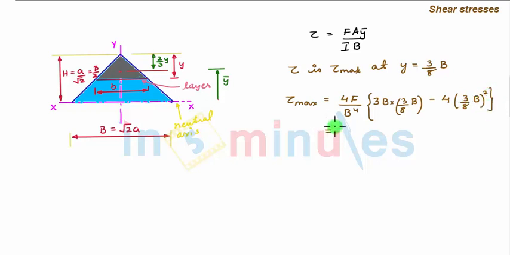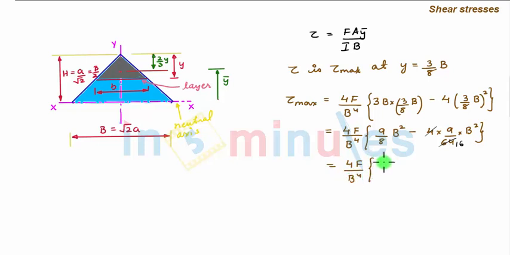Upon simplification, we have 4f upon b to the power 4 multiplied by 9 by 8 of b square minus, we have 4 multiplied by 3 square is 9 upon 8 square is 64 into b square. So 4 and 64 get cancelled, and here we have 16. So we have 4f by b to the power 4 into 9 by 8 of b square minus 9 by 16 of b square.